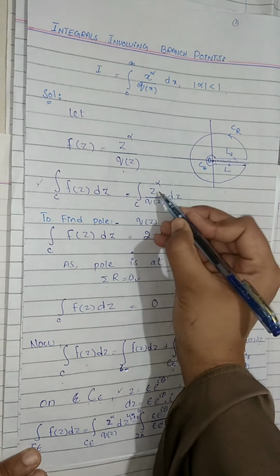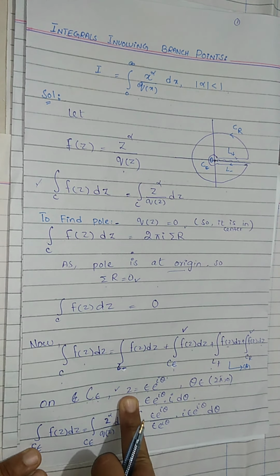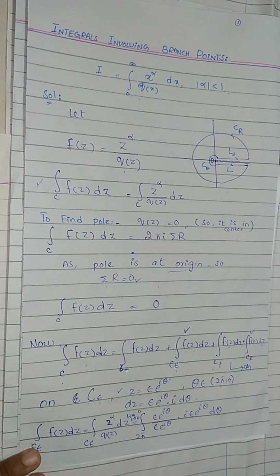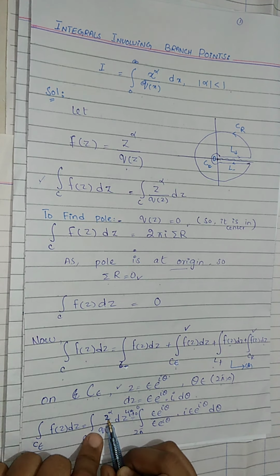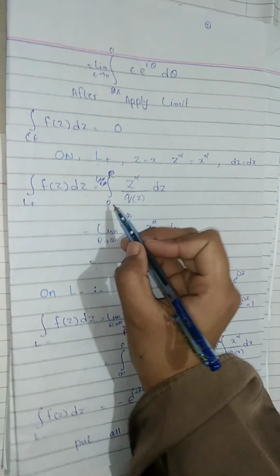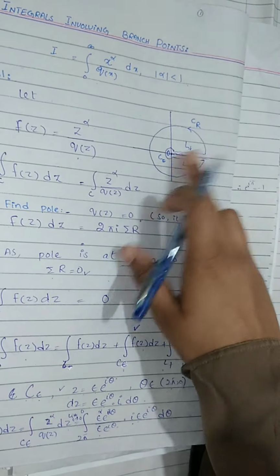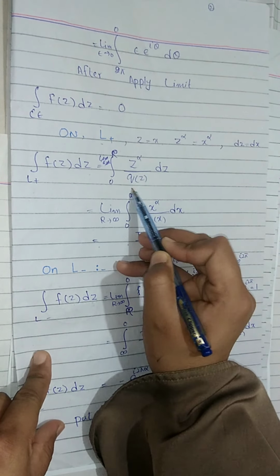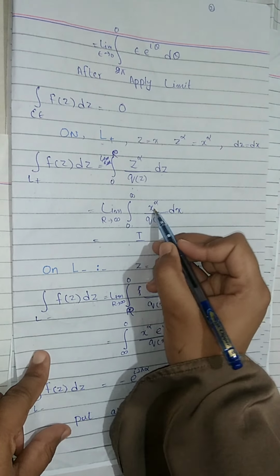Now we have z raised to alpha, which is epsilon raised to alpha e raised to i alpha theta. So the integrand becomes epsilon alpha e raised to i alpha theta over q of z, and dz is equal to i epsilon e raised to i theta d theta.